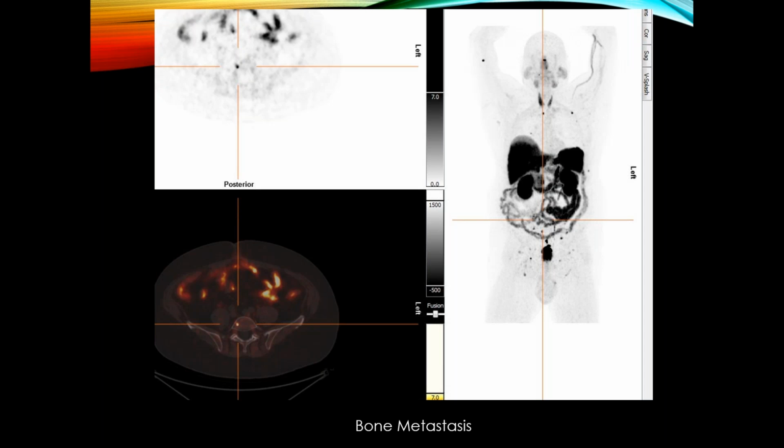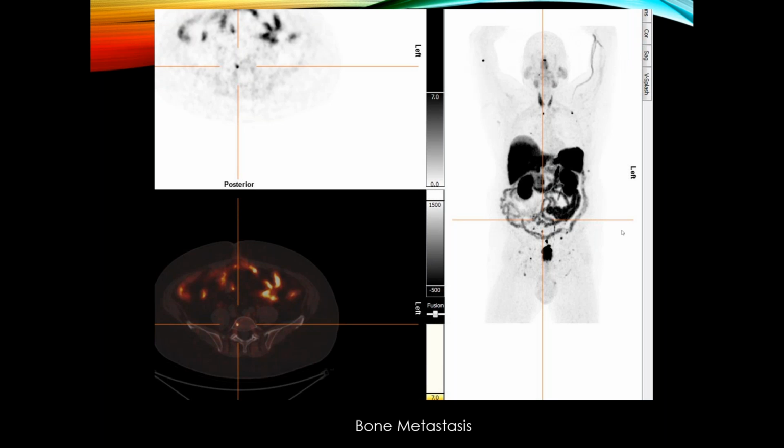resolution. Here's an example of a patient with bone metastasis. That's one thing so far we've noticed: you're able to detect small lesions that weren't seen on CT or MRI. We have these small little lesions that are DOTA-TATE avid that you don't see any change on the CT scan, because you'll see the changes on DOTA-TATE before you see changes on CT, and that goes with most bone metastasis.